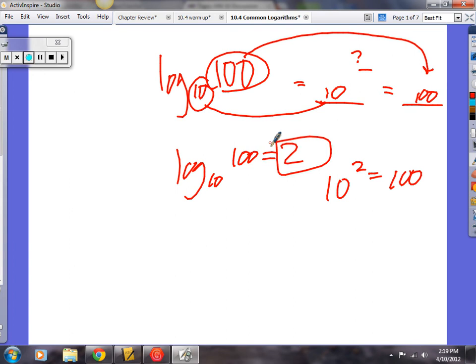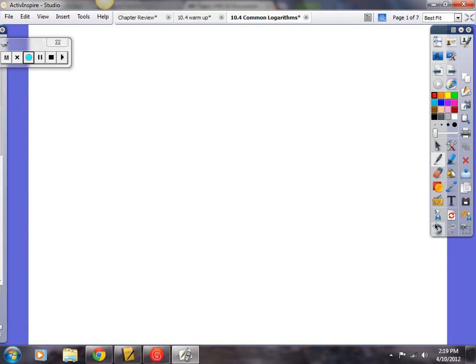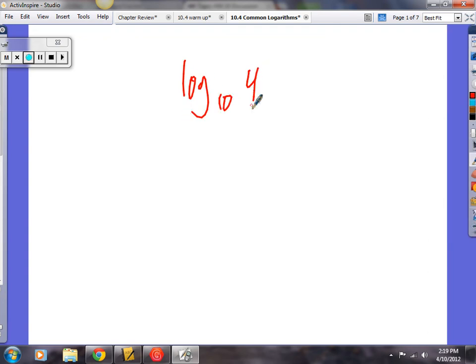As long as it is whole numbers and it works out evenly, it's pretty nice. But what happens if we ask you, what is the log in base 10 of 4? Change it to exponential form. 10 raised to what power is going to give you a 4?